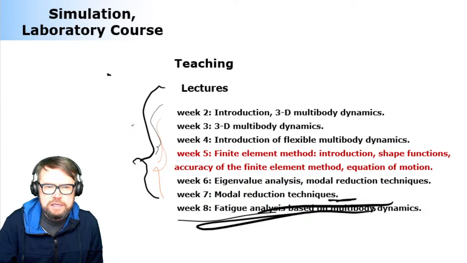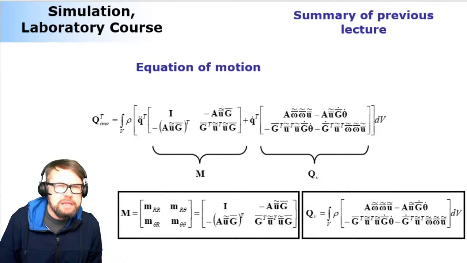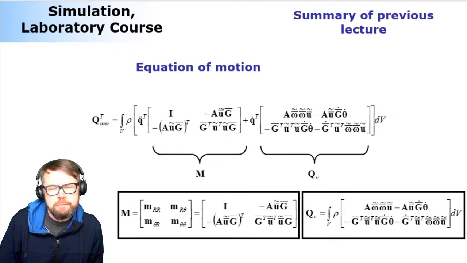Okay, so with that, let's get started. And let's first summarize what we discussed last week. Last week we completed the case of 3-dimensional multibody dynamics. And we concluded that one of the critical components there is the T matrix, the T matrix that relates angular velocity and time derivatives of tensorized coordinates.